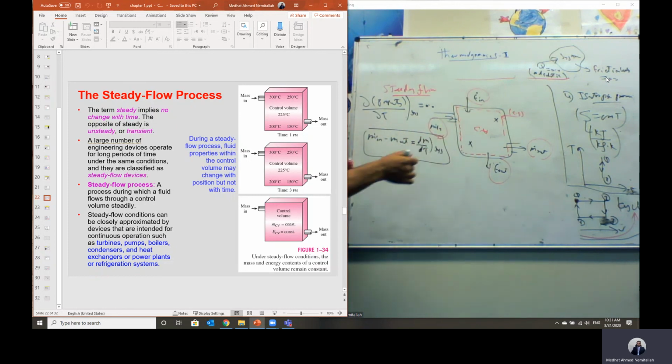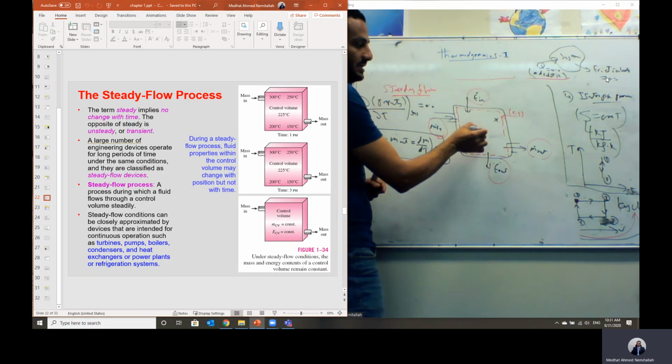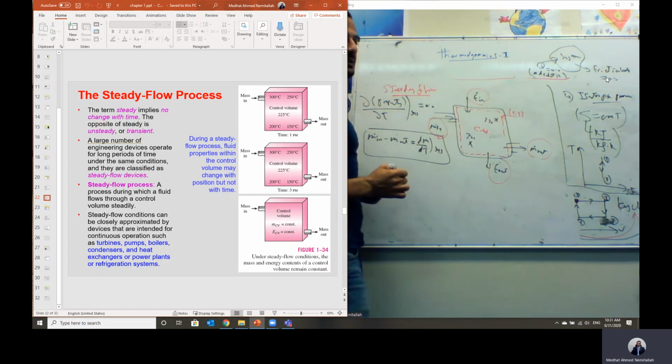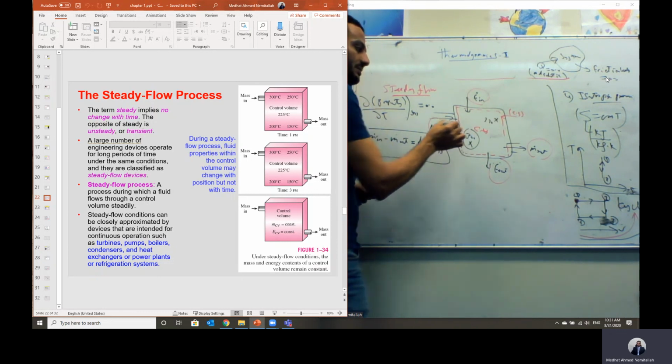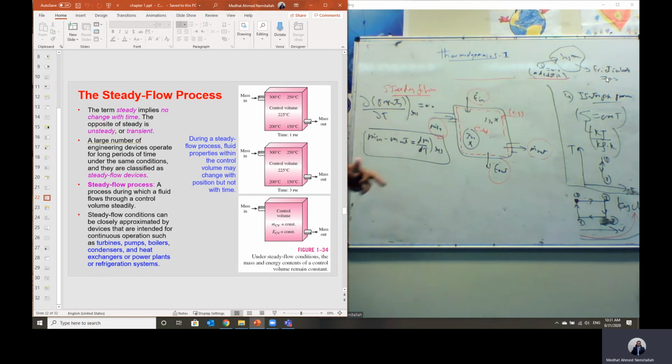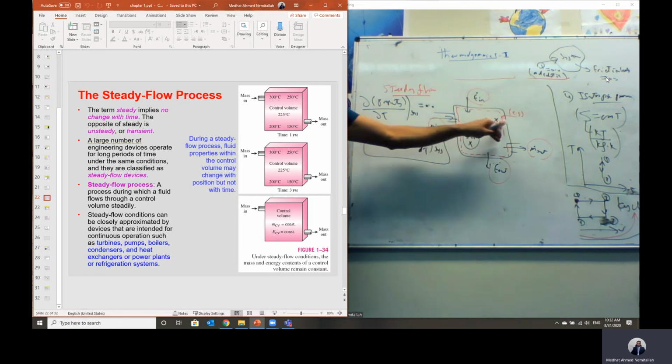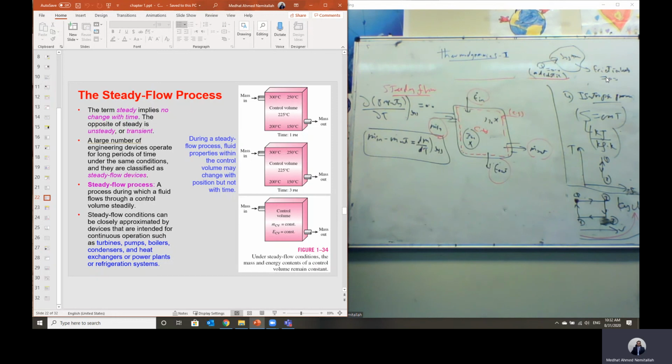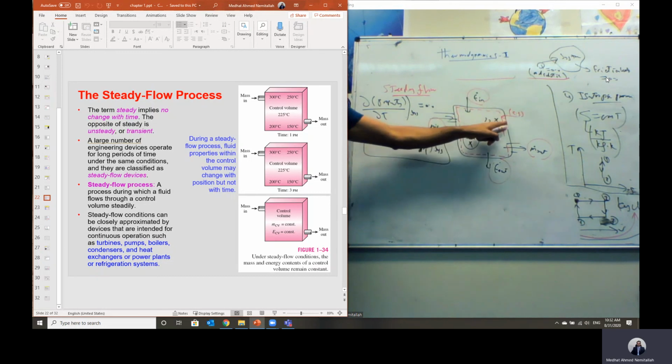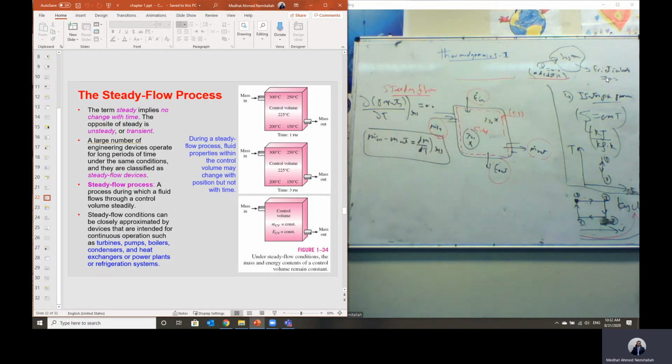So we may have, let's say, a temperature here equal to 300 and a temperature here of 320, but this 300 does not change with time. From time to time, the temperature at the same point is the same, but it can differ from one location to another within the system. So steady flow means we don't have a change of property with time, but it can change from one location to another.